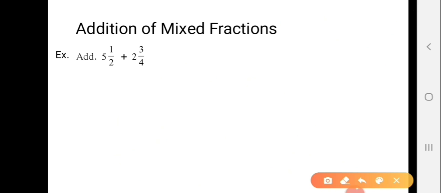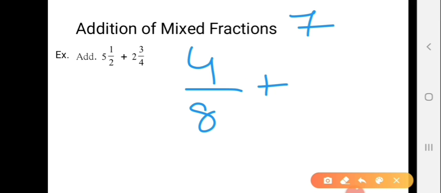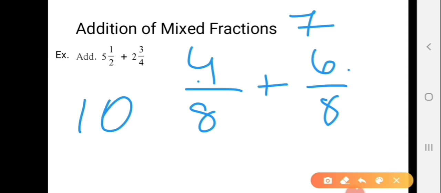So now 7 was the whole number sum, and our cross multiplication product was 4 by 8 and 6 by 8. If we add 4 and 6, our answer is 10, and the denominator remains the same in like fractions.